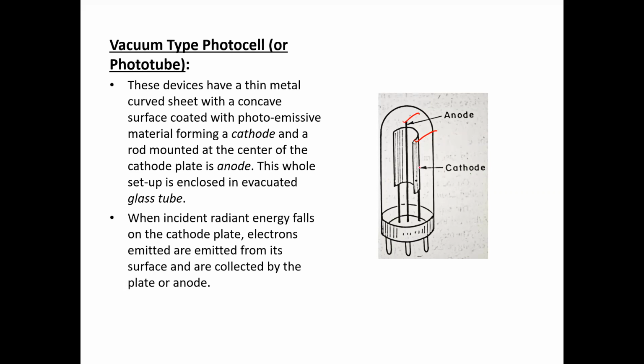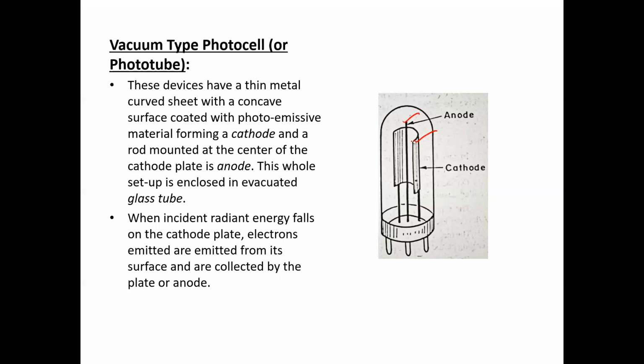The cathode is normally a concave shape, or a curved sheet of metal, and on the concave surface of that curved sheet, some photosensitive or photoemissive material is coated, and there is a separation between the anode and the cathode. The anode is a conductive bar.